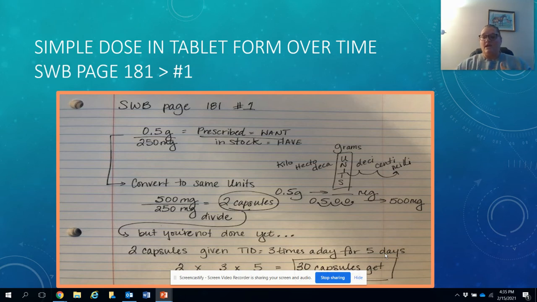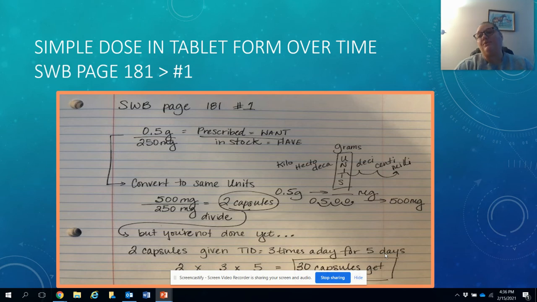Divide that out, and you have 2 capsules, but you're not done yet because it says you need to give the animal TID. And TID means 3 times a day, and for 5 days he needs to get that medicine. So you need to multiply the 2 capsules times the 3 times the 5, and you end up with 30 capsules.